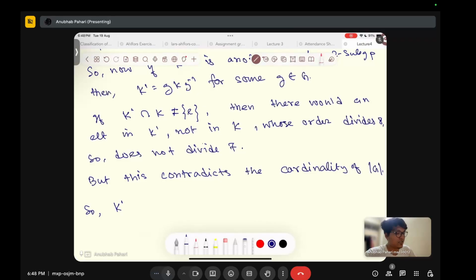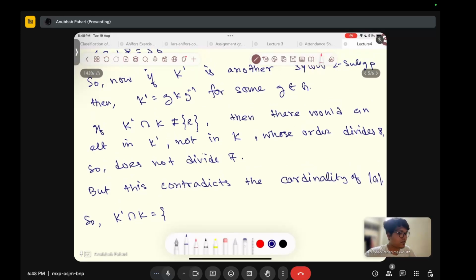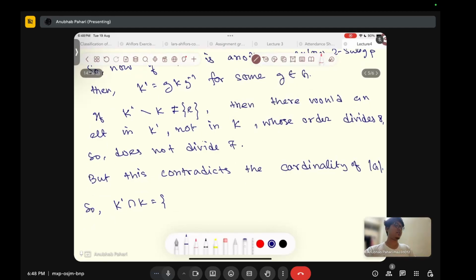Oh, I have made a mistake. It should be minus, so the intersection is empty.